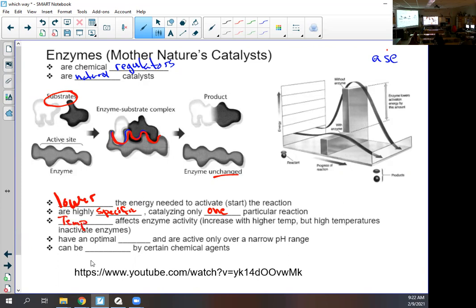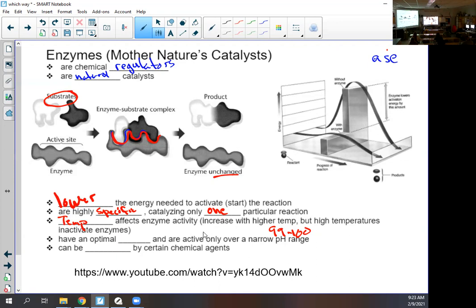Temperature affects enzyme activity. It increases with higher temperature, but high temperatures can inactivate enzymes. So anyone ever had a high fever and you weren't hungry at all? It's pretty common. So if you have a temperature of like 99 to 100, you're fine. Nothing's way off. Get much higher than that, then your enzymes get inactive, and then you don't really digest your food normal.